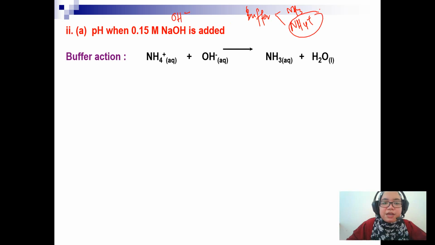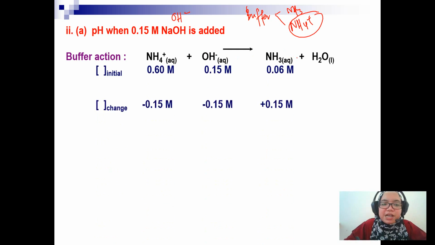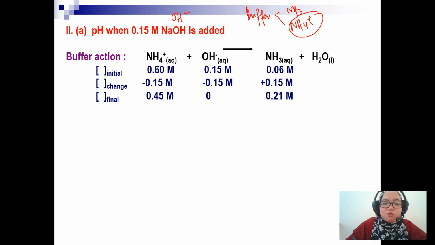So ammonium ion kita akan react with OH minus to form NH3 and water. So kita akan buat ICF table in terms of molarity. Sebab tadi soalan tu dia cakap dia bagi assumption volume kalau lepas add acid dengan base tak berubah kan. So kita boleh guna molarity punya ICF table.